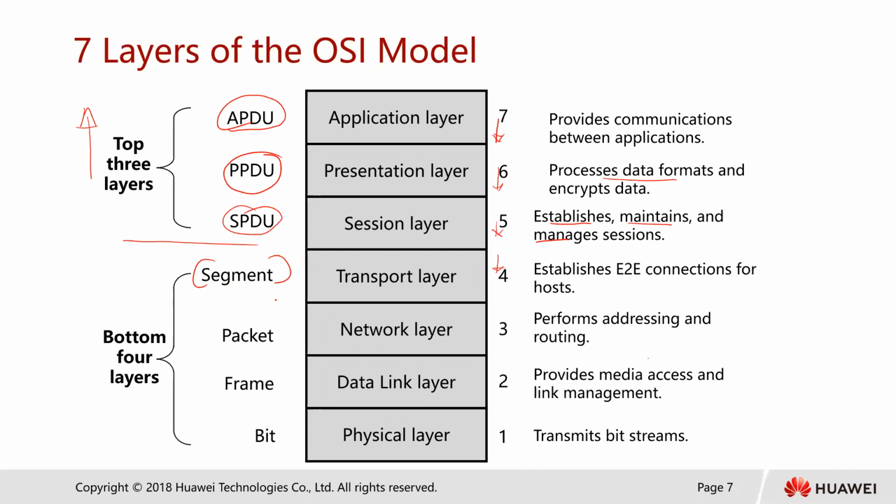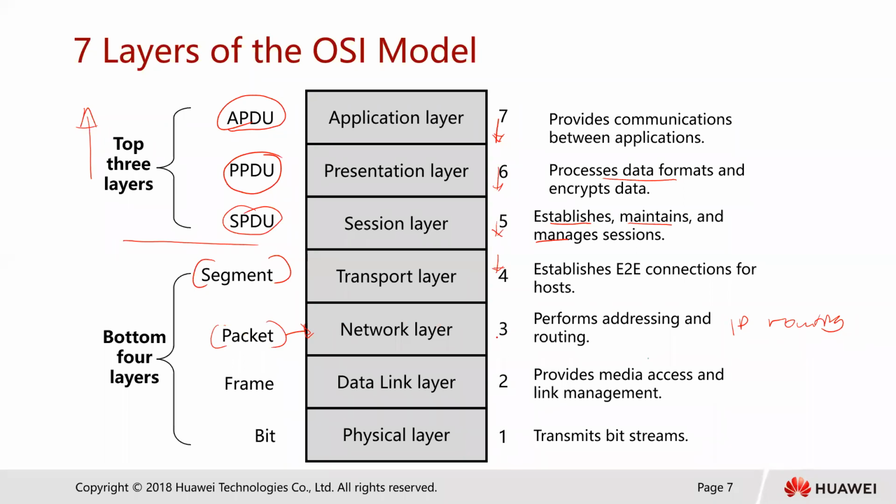And here we're going to forward our packet to our network layer. So our network layer performs the addressing and routing. This is where you talk about IP addressing and routing and so on and so forth. So this is done at this layer, and this is where we look at a packet, right?